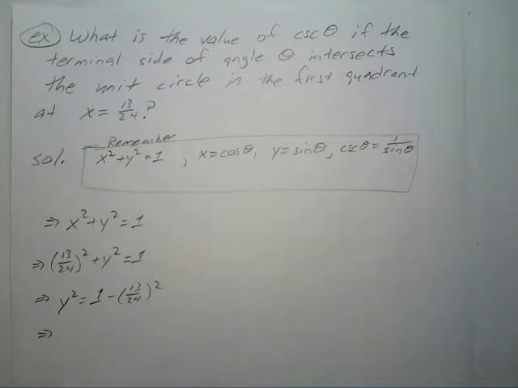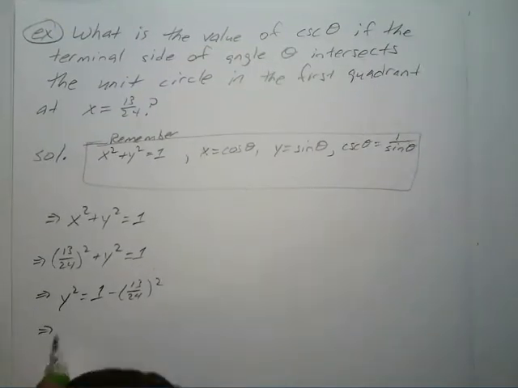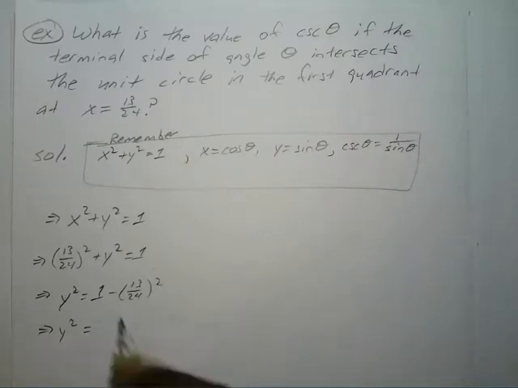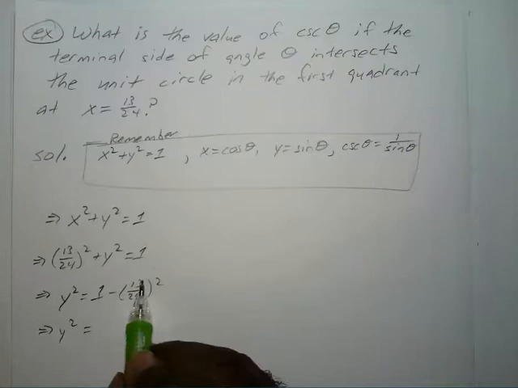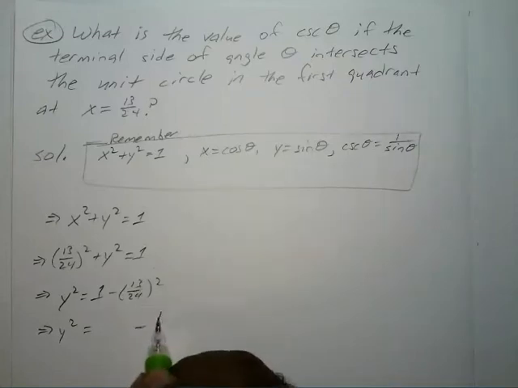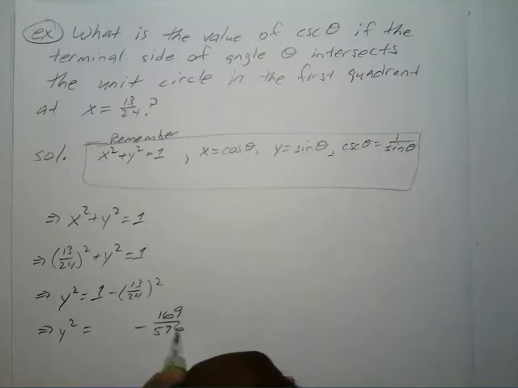Okay, so if we go ahead and simplify that, I'm going to leave that for now, because 13 squared over 24 squared is 169 over 576.